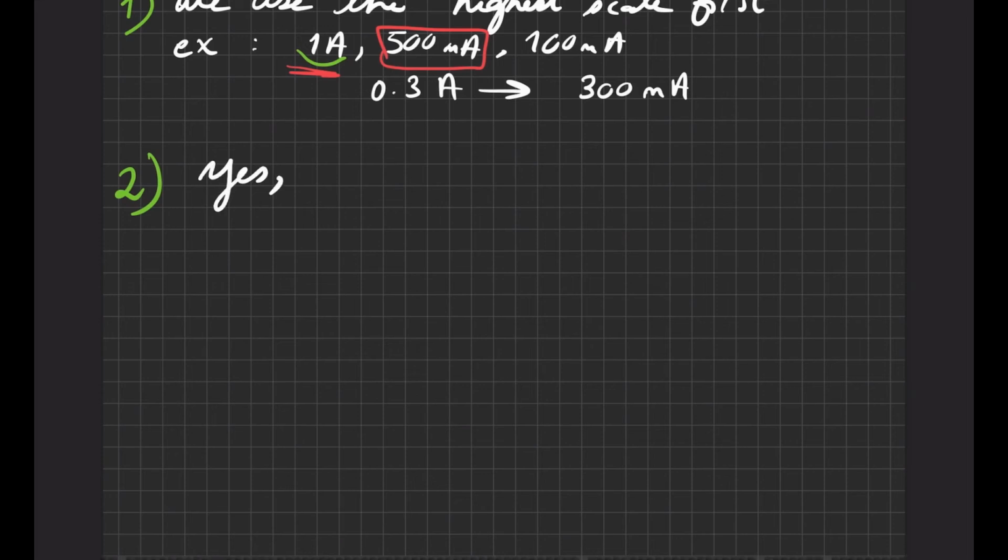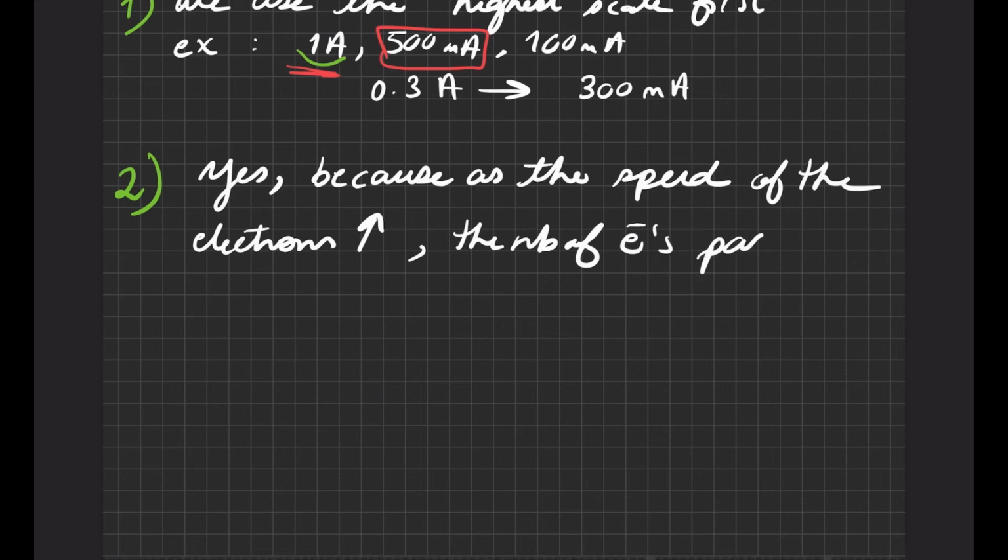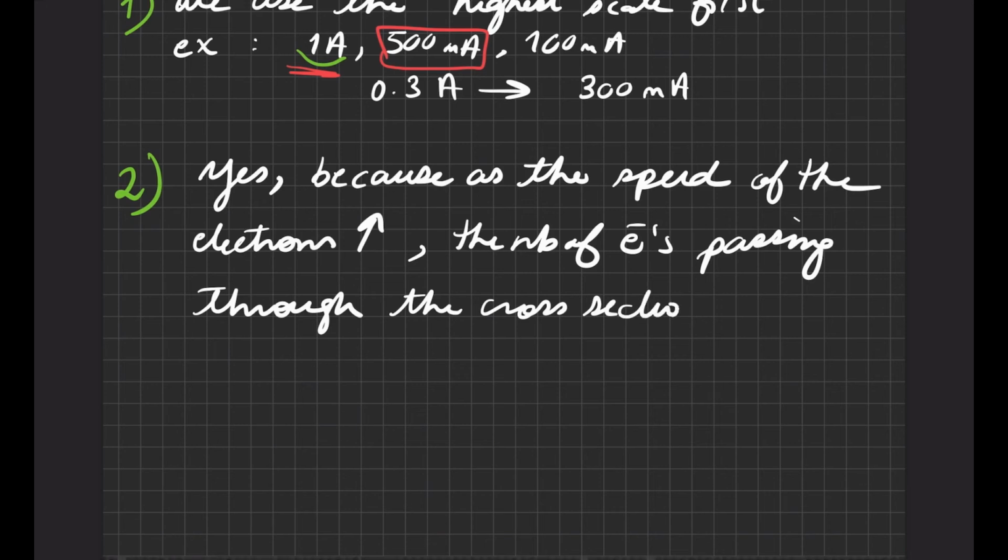So we will answer by saying yes, because as the speed of the electrons increases, the number of electrons passing through the cross section of the resistor increases as well.